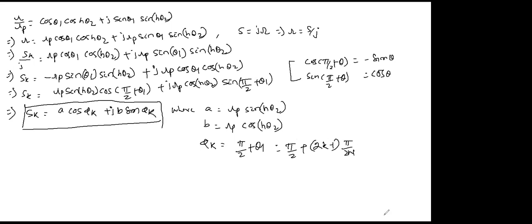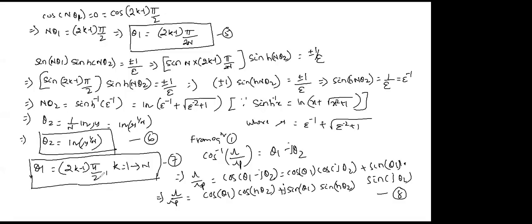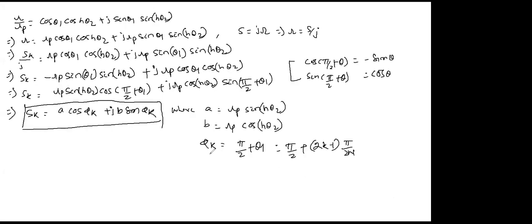Yes or not? Just to see. Theta 1 is 2k minus 1 pi by 2n, k is 1 to n. Okay. So s k equals to a cos of phi k plus j b sin of phi k.